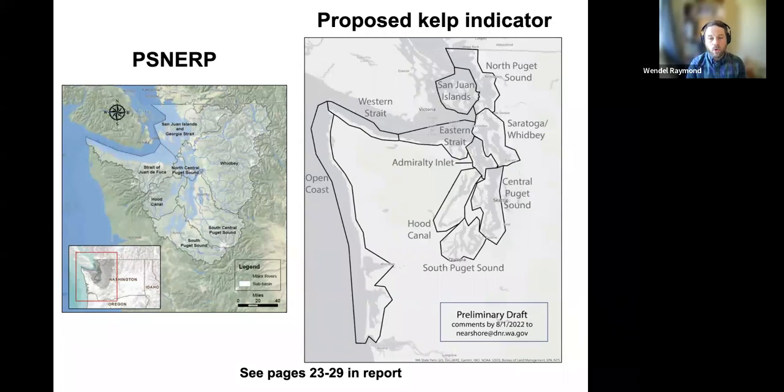It also seemed important to keep the total number of subbasins reasonably small enough to keep track of, and so we feel that this current proposal balances that with 10 total subbasins. And I'll also note that in the pages in the report listed here, we detail some more decision areas of where we drew boundaries and some possible alternatives.